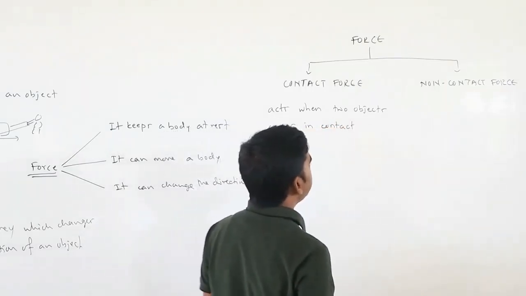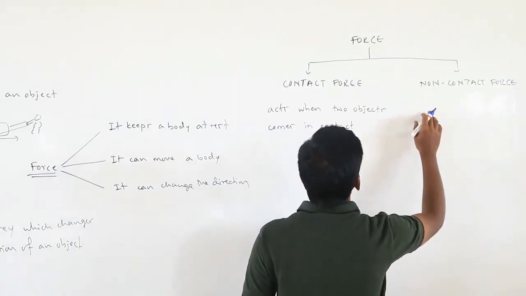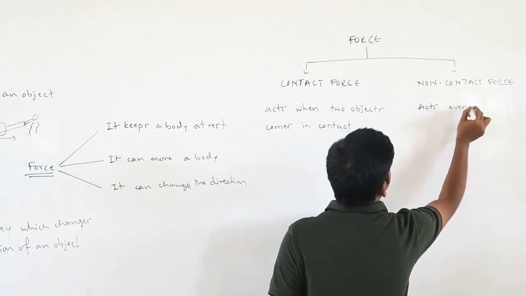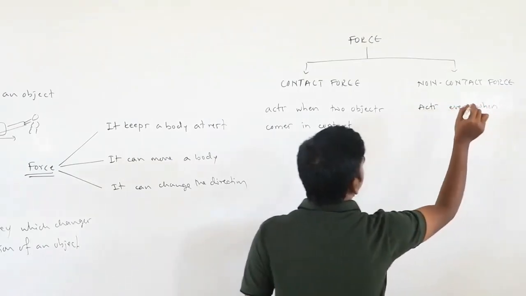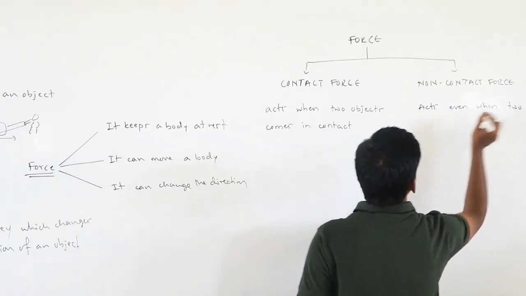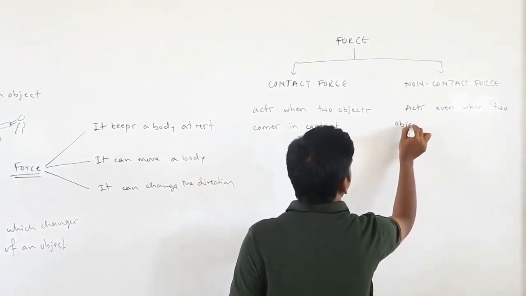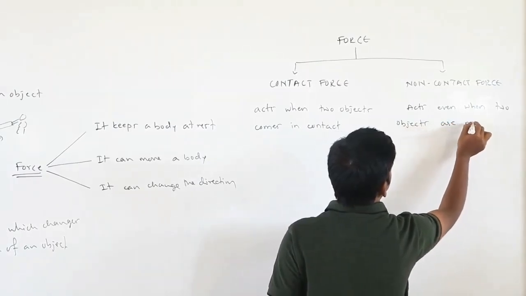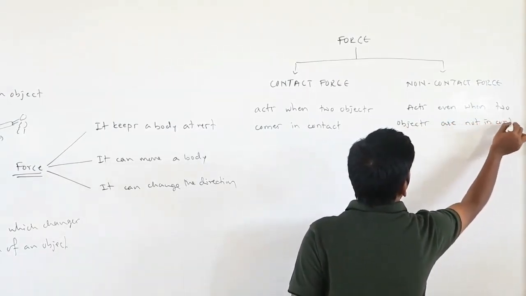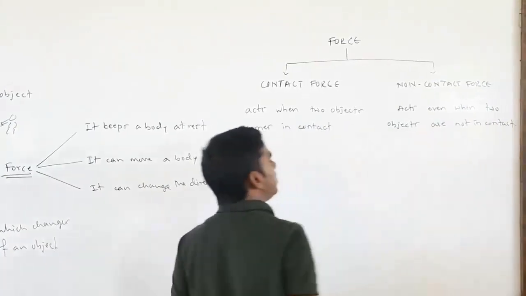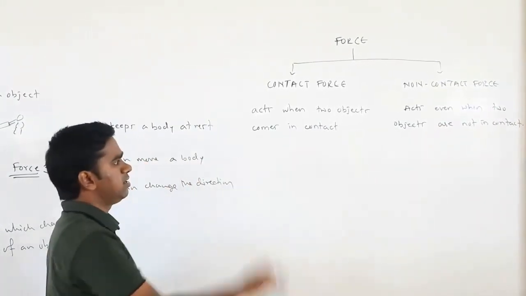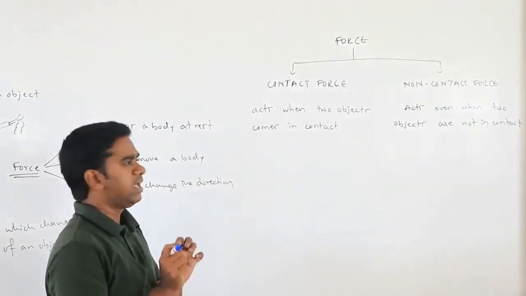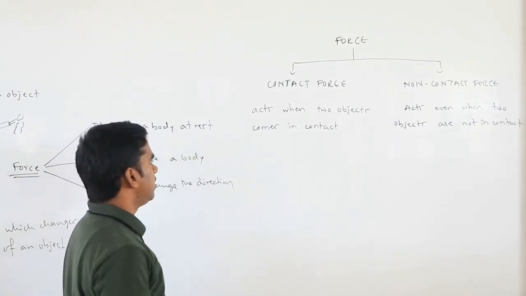Okay, so similarly here, these forces may act even when two bodies or two objects are not in contact. Okay, so even though objects are at a distance, that force will act. Okay, and contact force will act only when two objects come in contact.